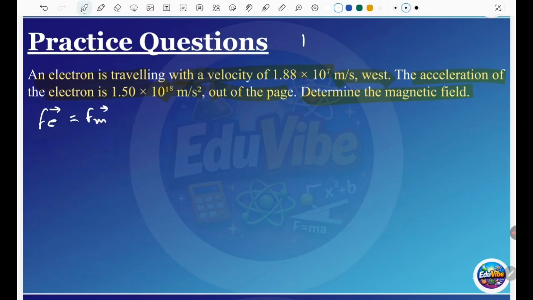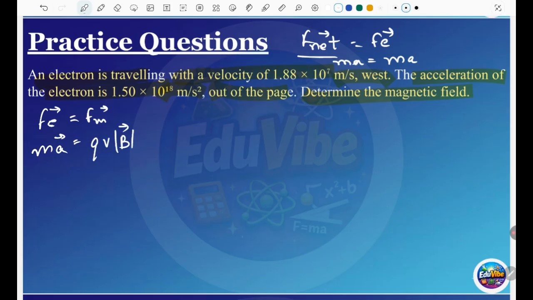If F net is ma, that means the force is equal to ma, mass times acceleration, and Fm is equal to qvB. I have to find the magnetic field.